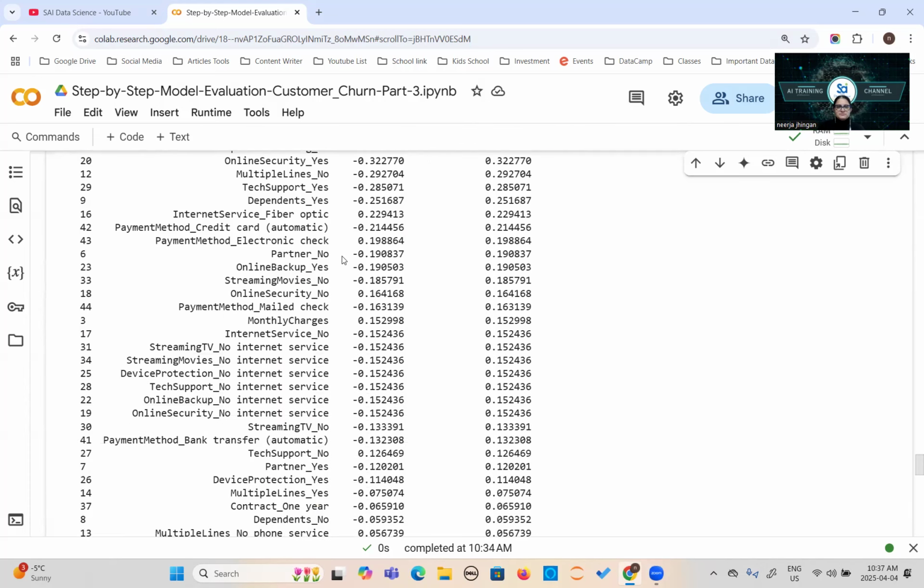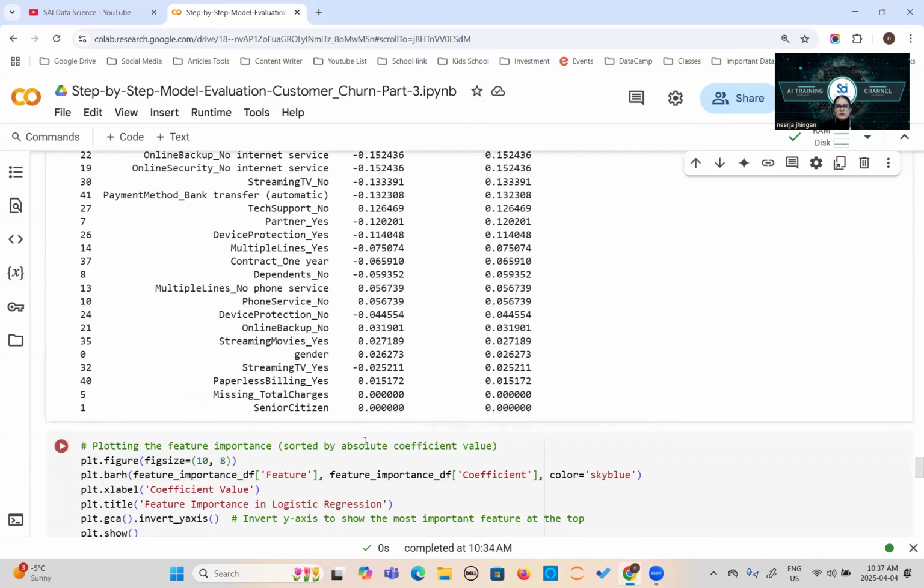Now look at this. It is showing you the weightage of each data point. Look at this. Okay. So negative value means, if your streaming TV, yes, is going to increase or decrease, your prediction is going in the opposite direction. If it is increasing, the prediction is decreasing. If it is decreasing, it is increasing.